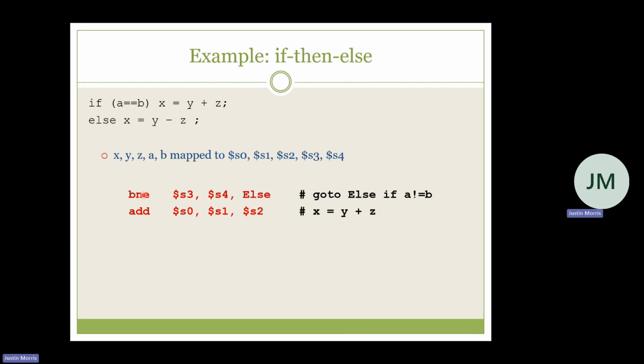Because if they are equal, then we do PC plus 4. So X is Y plus Z. And then here is some additional code that could have gone in the other one, right? Right after we do that, we just exit this program. The other piece is now, if they are not equal, we need to do this subtraction. And then after the subtraction, we're going to exit.